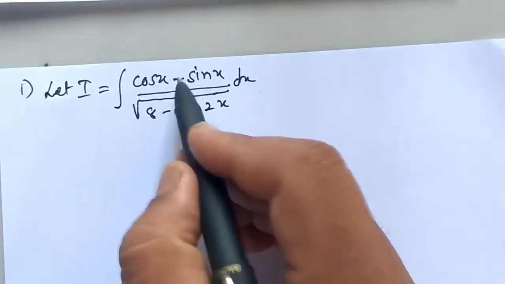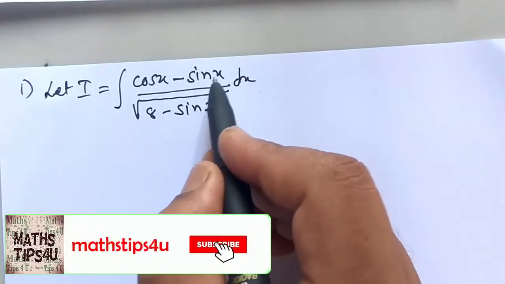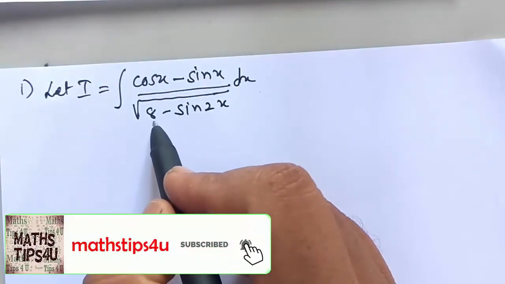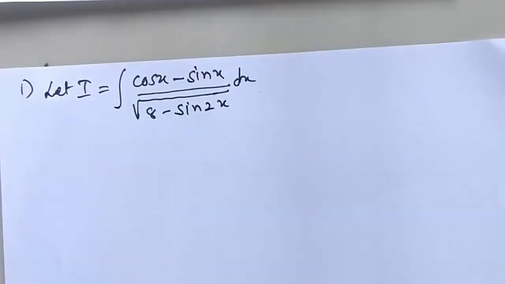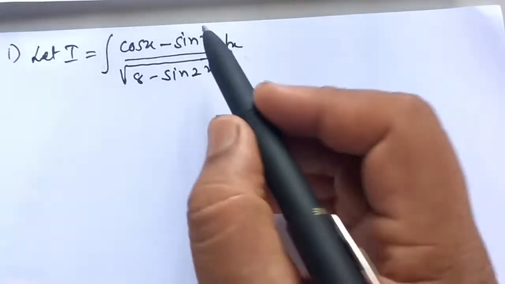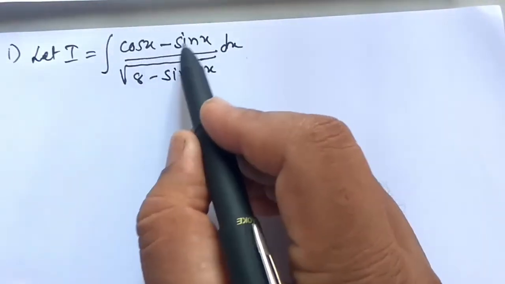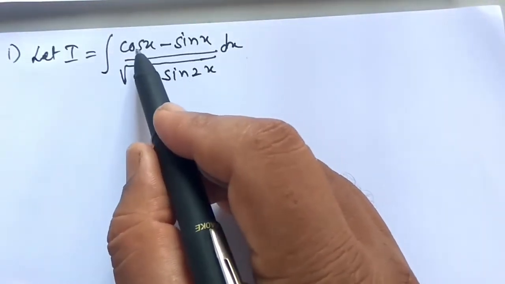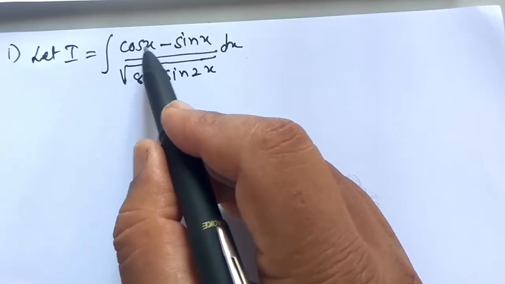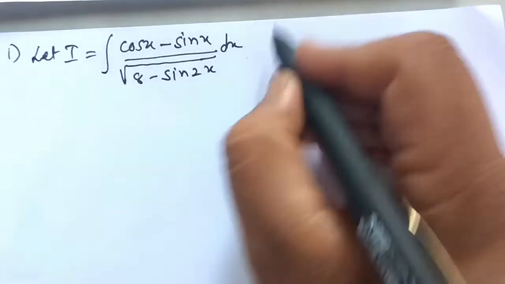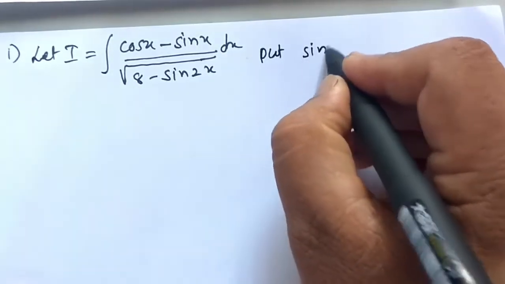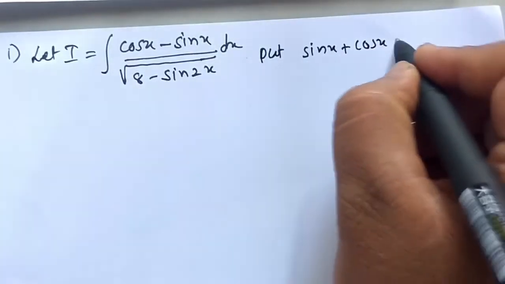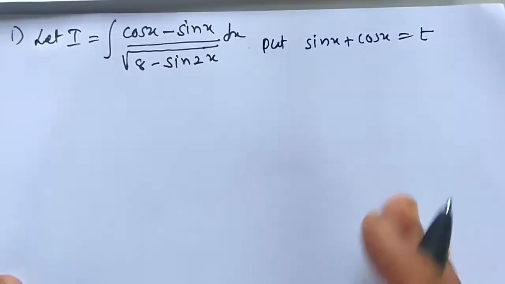Let I be equal to the integration of cos x minus sin x upon under root of 8 minus sin 2x. Now, if we consider this as the derivative of some quantity, for example the derivative of sin x plus cos x, so we put sin x plus cos x is equal to t.